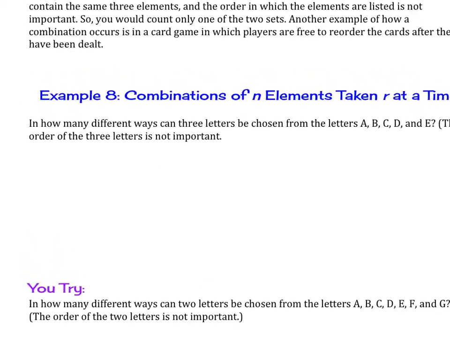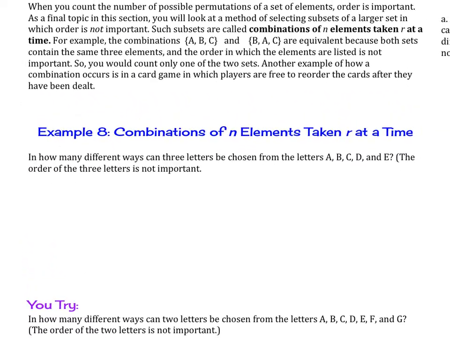In how many different ways can 3 letters be chosen from the letters A, B, C, D, and E? The order of the 3 letters is not important, and so we're looking at combinations. Let's just list it out first of all.